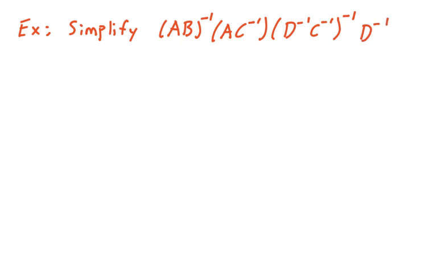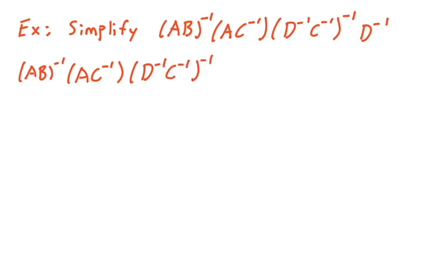Now, let's start here. So I'm going to take the inverse of A times B. I'm going to multiply by AC inverse times the inverse of D inverse C inverse, D inverse.